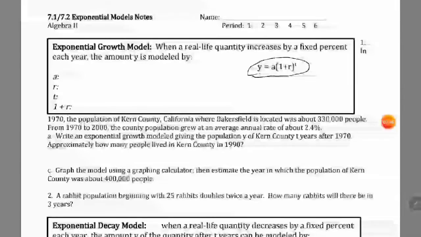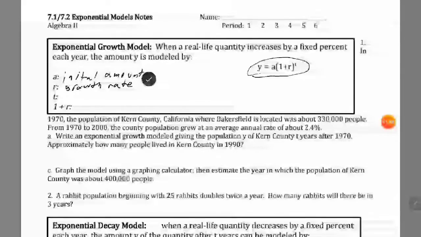Basically, it's when a real-life quantity increases by a fixed percent each year. It's modeled by that equation, where A is your original or initial amount, R is your growth rate, and that's in percentage.